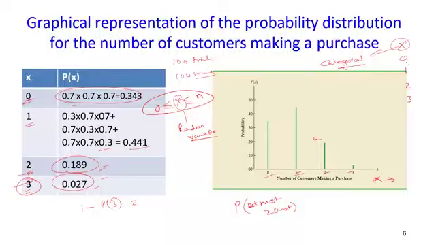It cannot take 0.5 or 1.5. So I can call it discrete, and that too categorical, because it can take only these 4 categories. So in your data, if you have a variable like this with only 4 categories, you can use this binomial distribution to generate data for that variable.